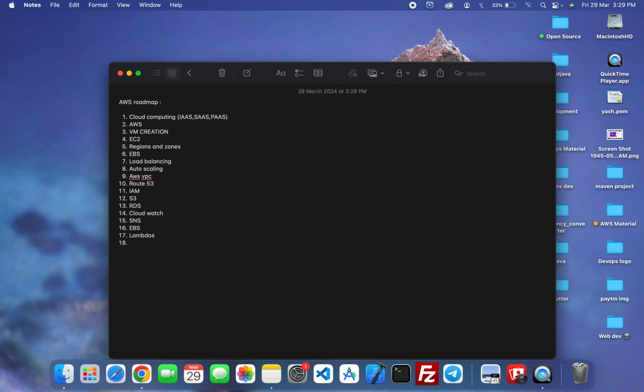If our application gets more users or more traffic, then AWS Lambda will handle that. Many startups are using AWS Lambda, so we want to learn about AWS Lambda as well. These are some topics, and this is a roadmap of AWS.